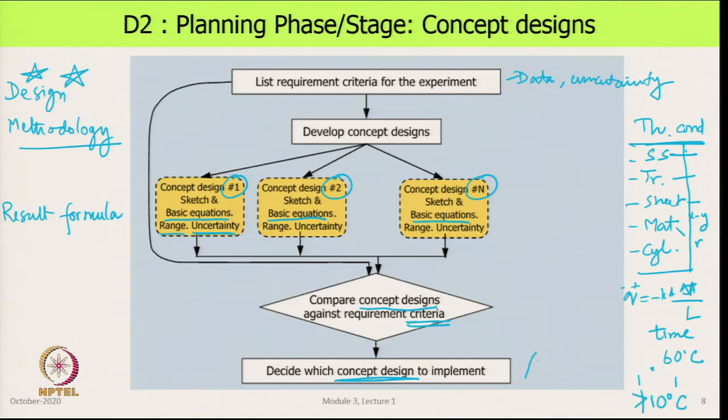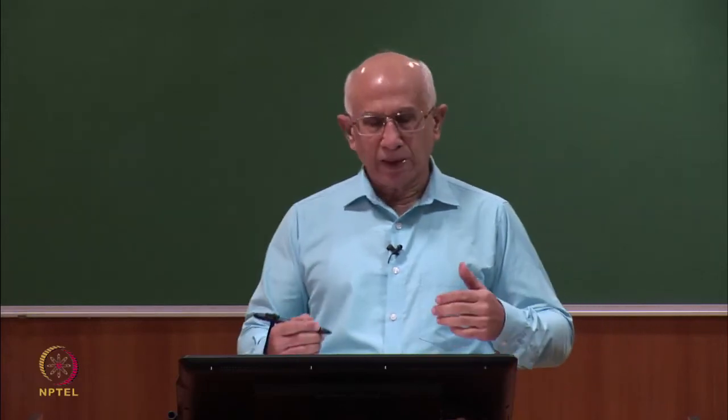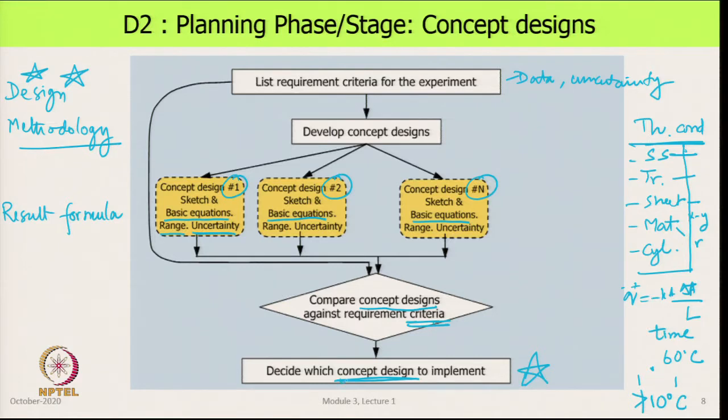This is a good solid major decision we have taken. Once we have done it, there is no looking back, we go forward as we go into stages D3, D4, D5, we are now going into the execution phase. But we now know why we are making this particular design, what are the reasons behind it.